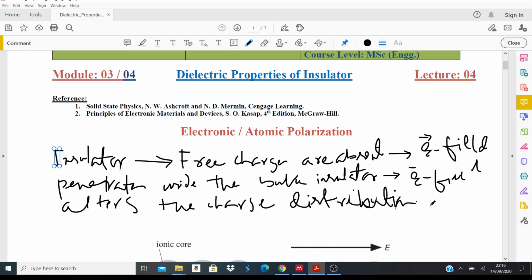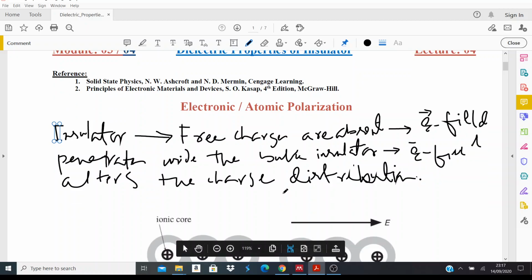As a result, the charges are distorted and an electric dipole can be created inside the material, and that's what we call polarization, right? So the insulating material can be polarized by applying an external electric field. But sometimes it happens also that without any external electric field, there are spontaneous electric dipole moments inside the material. There are some examples we will see in the lectures to come.